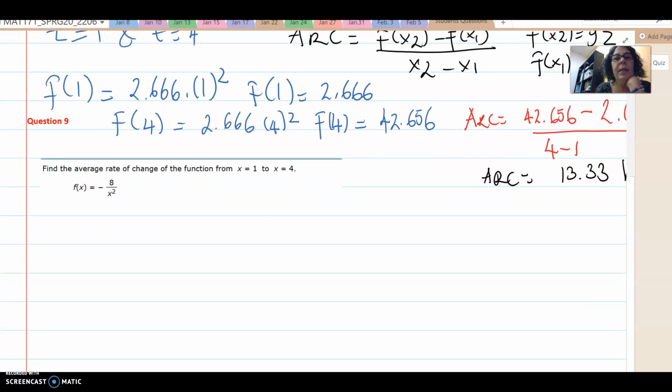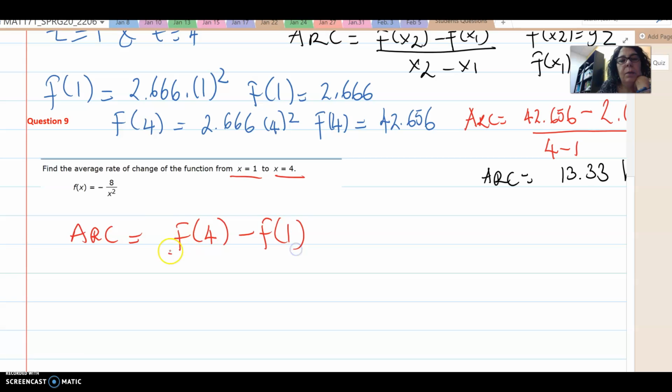Now if you look at 9, there's no unit here, but that's just a function. Same thing, average rate of change will be equal to f of 4 minus f of 1, all over 4 minus 1.